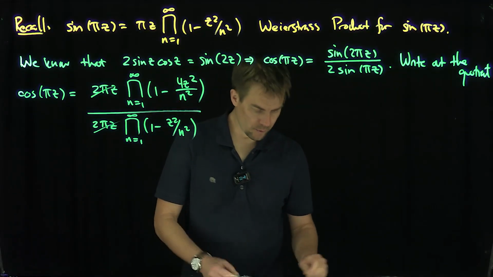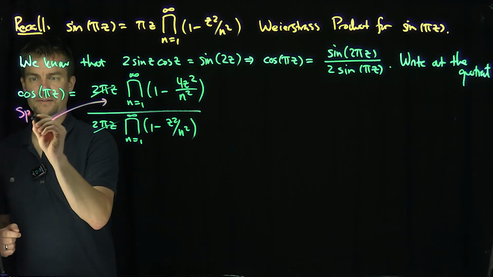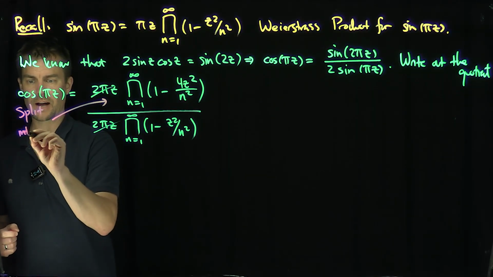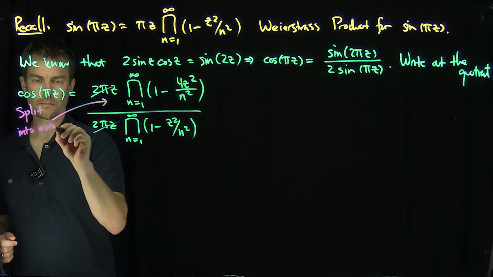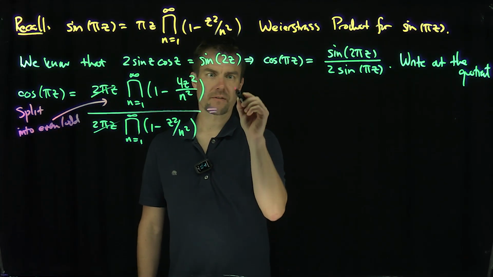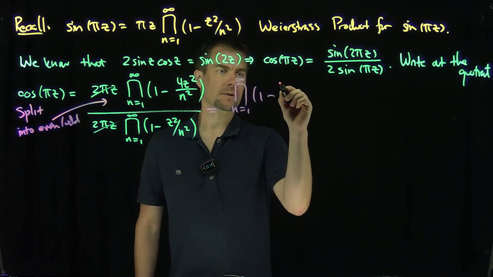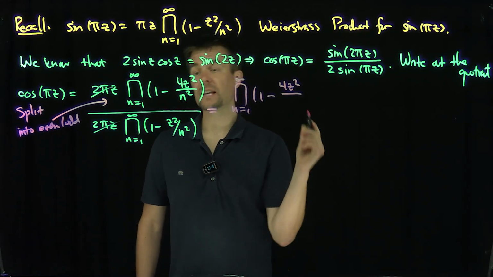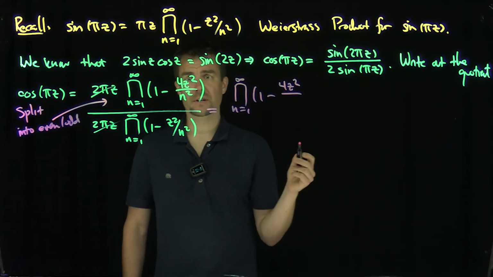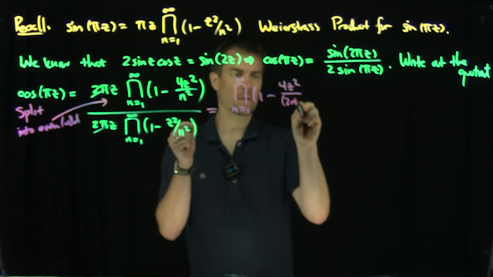And now what we're going to do is split this into even and odd roots. If we do that, we're going to have the product, n goes from 1 to infinity, of 1 minus 4z squared over the evens. The evens are going to be 2n, so I put 2n squared.